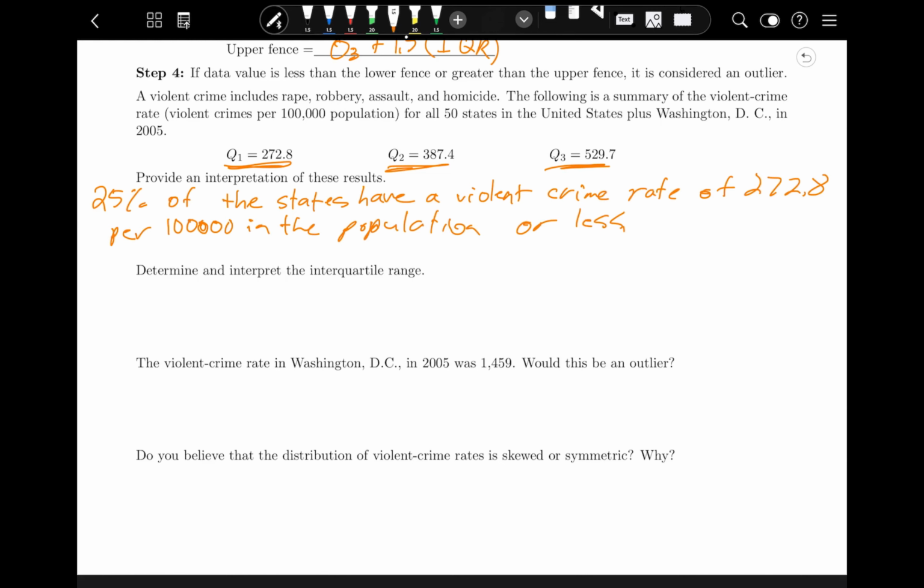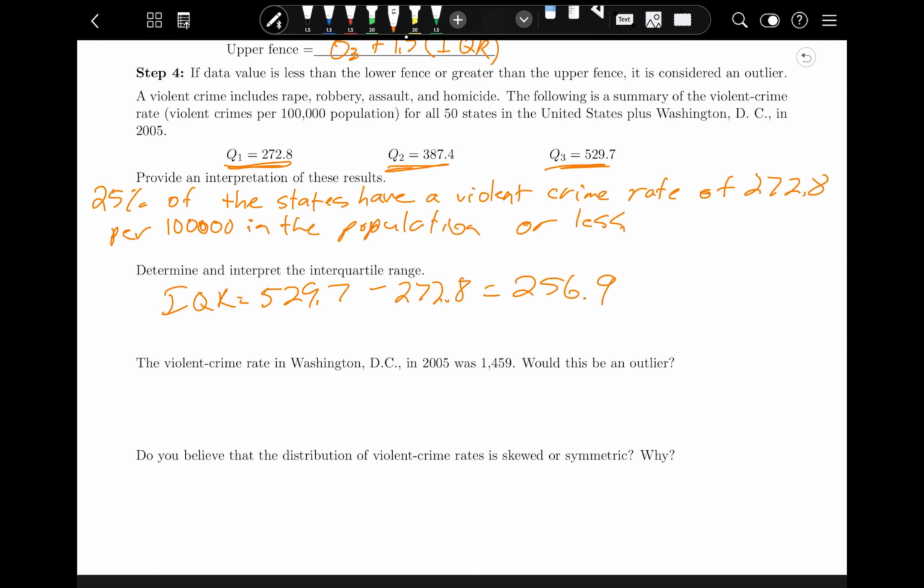Then it wants us to determine and interpret the interquartile range. The IQR is just Q3, 529.7, minus Q1, which is 272.8, which is 256.9.